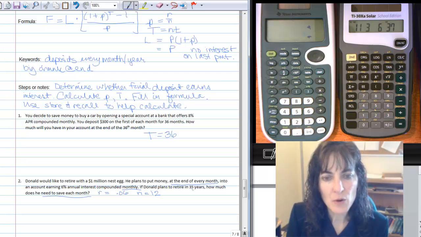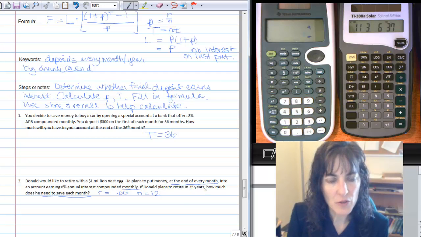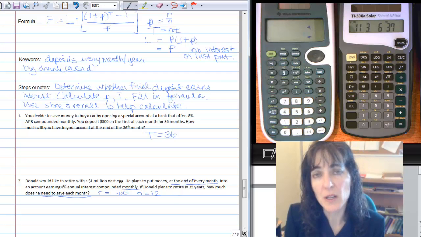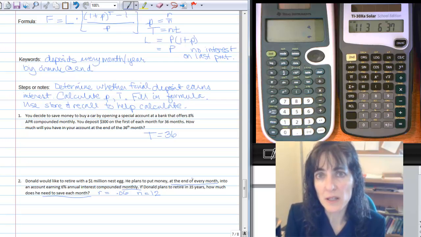And then we know he's retiring in 35 years, and it looks like he's putting money in at the start of the month. No, at the end of every month he's putting money in. So when you put money in at the end of the month, you can assume that you won't gain any interest on it by the start of the following month because it's only a day.